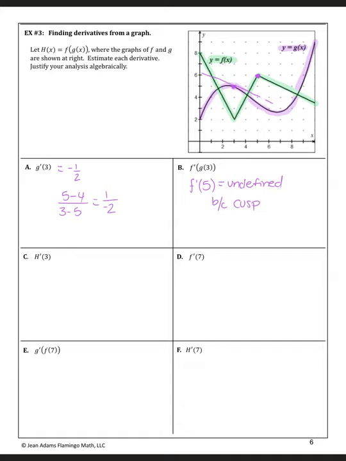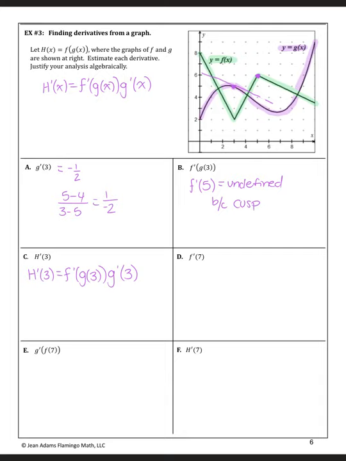So now let's look at h prime of 3. So h is equal to f of g of x. So if I want the derivative, actually let me write it up here. So h prime, this is the chain rule. So the derivative of the outside times the derivative of the inside. So if I wanted h prime of 3, I would need f prime of g of 3 times g prime of 3.